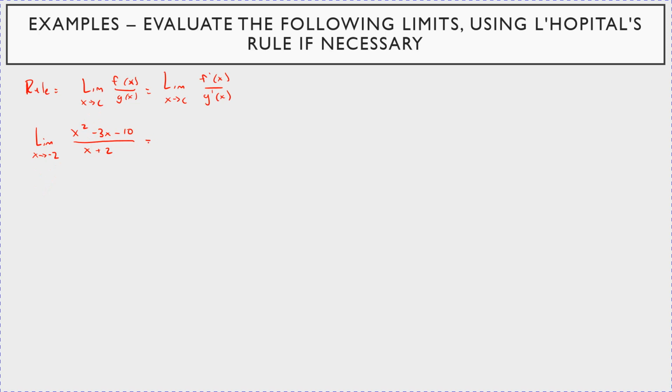One way we talked about solving this algebraically is that the numerator factors, and you can cancel out this x plus 2. Then you can just plug this right in, and you get -2 minus 5. The limit is -7. Okay, but let me show you now using L'Hopital's rule.